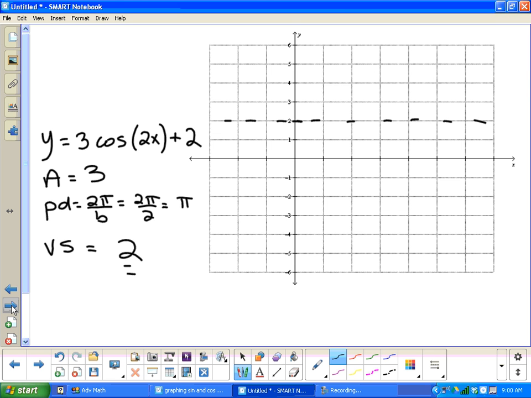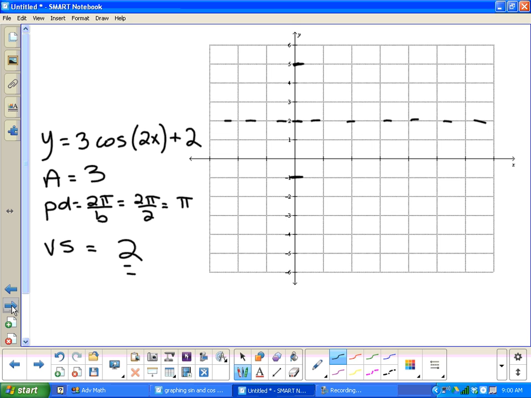If I go up 3, that puts me up here at 5, doesn't it? And if I go down 3, that would put me at -1. So instead of the curve crisscrossing through the x-axis, it's going to crisscross through the value of 2. It's just going to pick up the graph and move it up by 2 units.